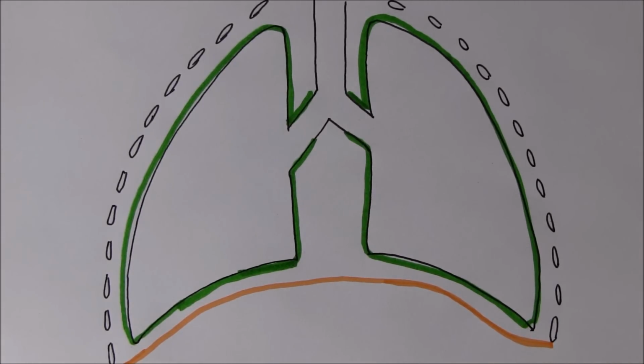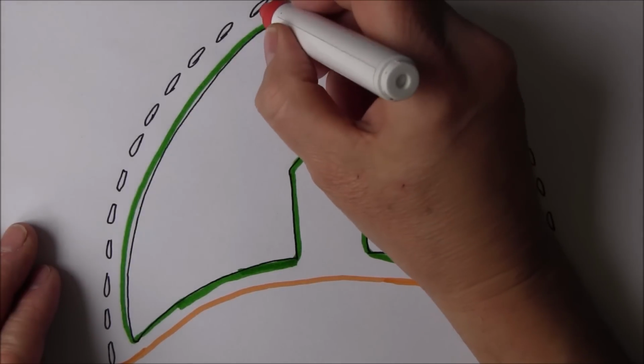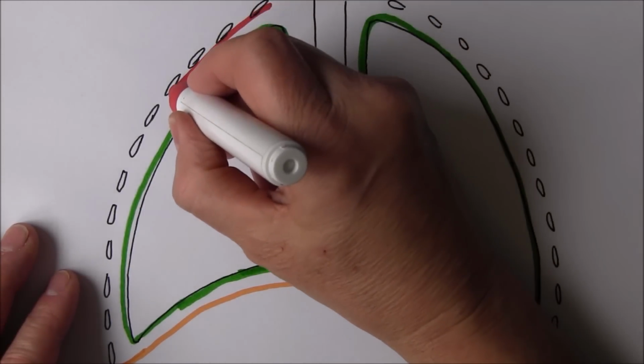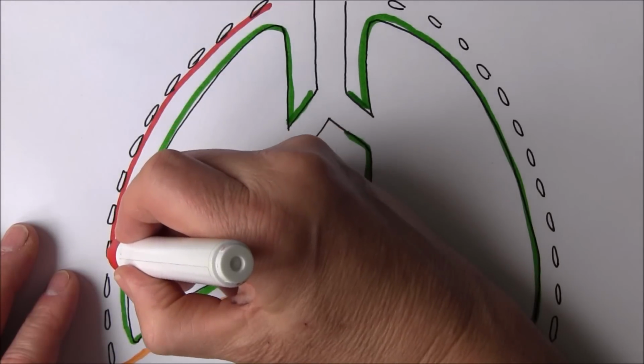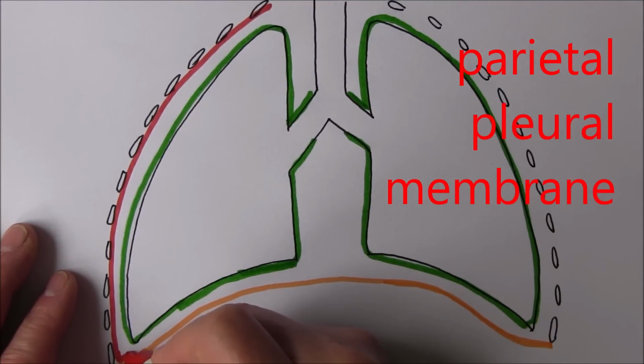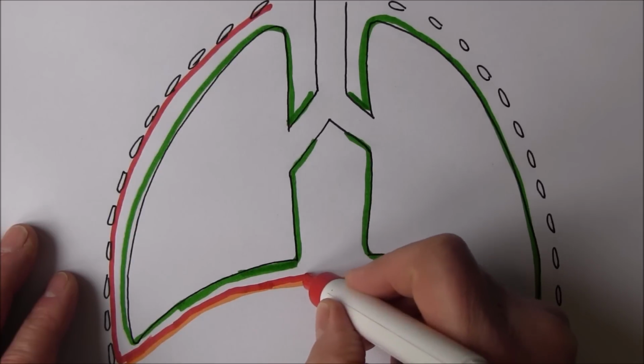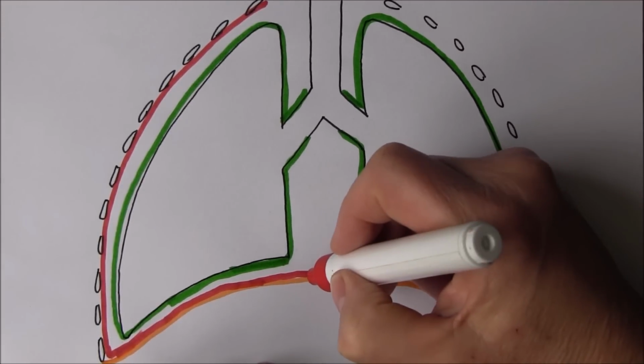And then lining the internal surface of the thoracic cavity, we have the parietal pleural membrane, which is going to be around here, lining the inside surface of the chest. Also lining the superior surface of the diaphragm, adherent to the superior surface of the diaphragm.